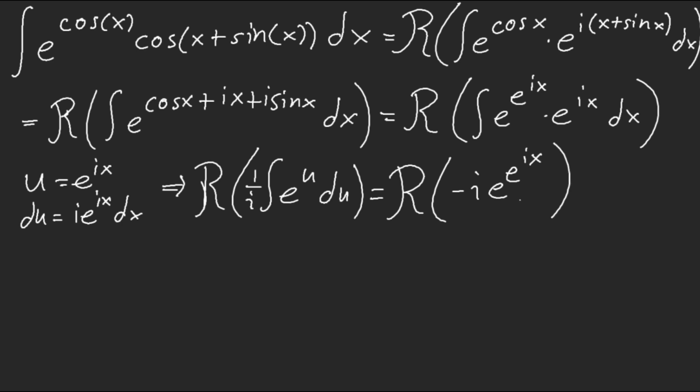Okay, and now our job is to find the real part of this. Okay, complex algebra time. So e to the I of x, this is cosine of x plus I sine of x.